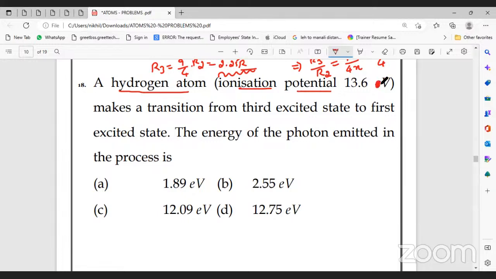Ionization potential is 13.6 volt means what is the ionization energy? It is minus 13.6 electron volt.